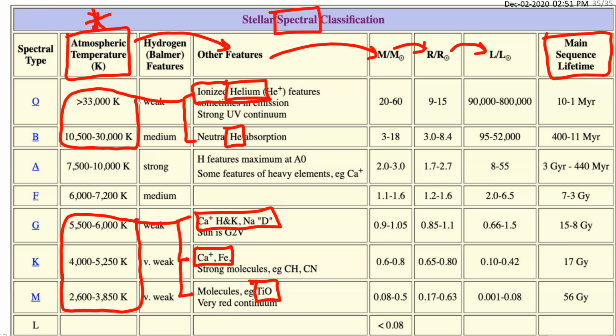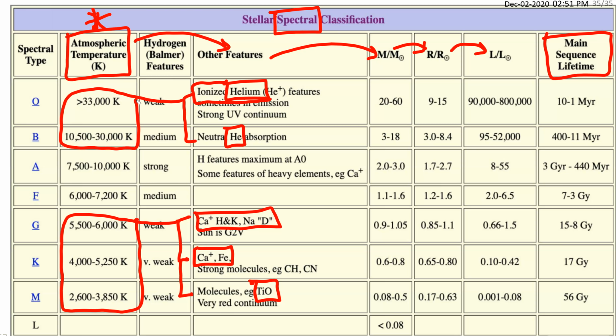And that is because the temperature is relative to the type of elements that are produced. Hotter stars produce lighter elements. They're capable of fusing lighter elements into heavier elements, but cooler stars are not. Okay? It goes back to that idea of the cycle of elements that are forming by fusion and fission.